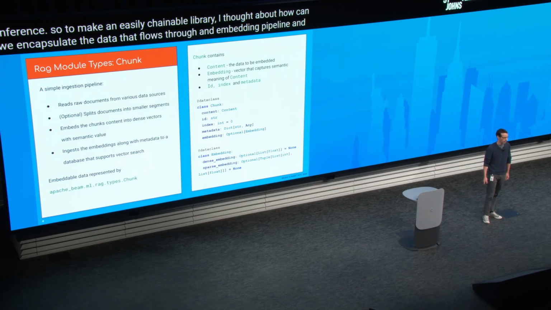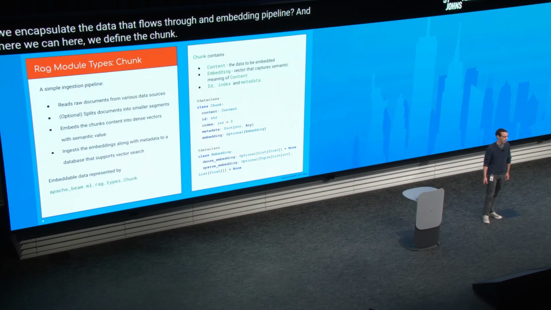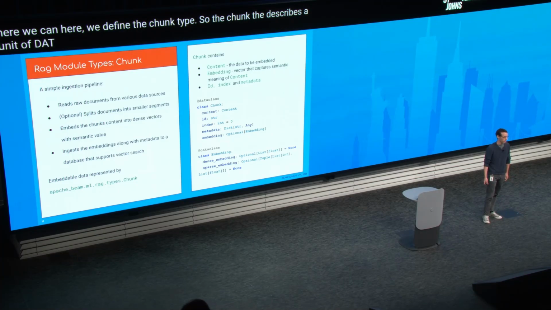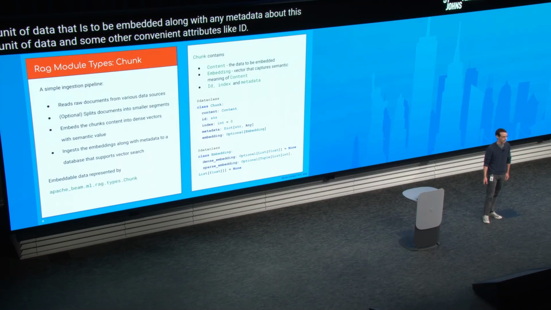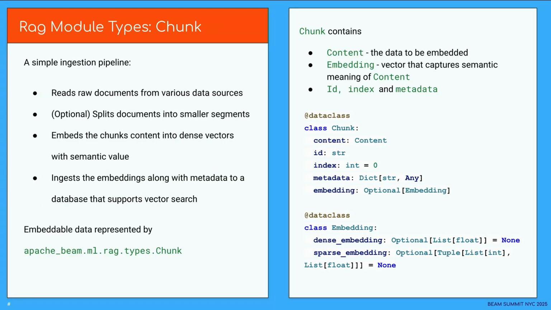And here we define the chunk type. So the chunk describes a unit of data that is to be embedded, along with any metadata about this unit of data, and some other convenient attributes like ID, the index if it was chunked, and finally we have the actual embedding, which is the list of vector.